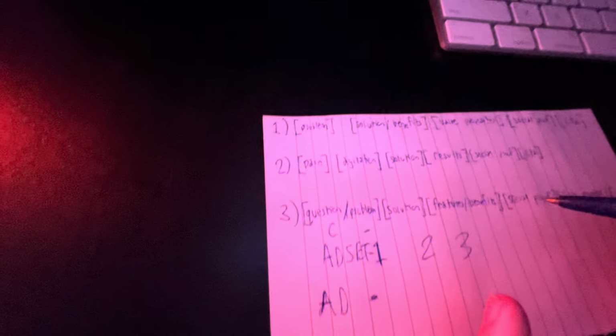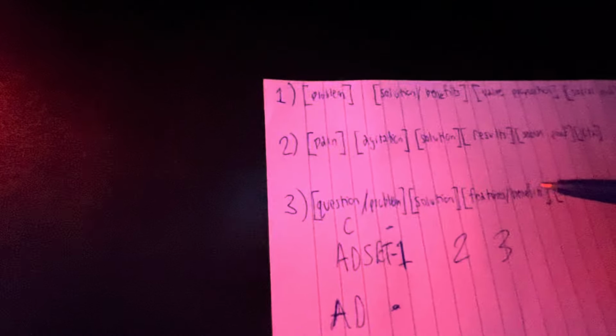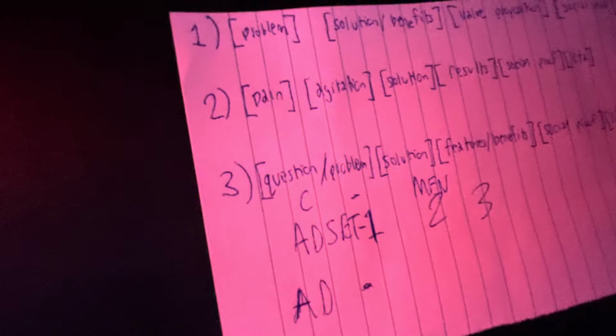Since most of my target market is men, male business owners, I go men, male, and I go ages 25 to 50. That's it. So I keep it quite broad. I let the copy, the text, the words, do the speaking to my customer for me.